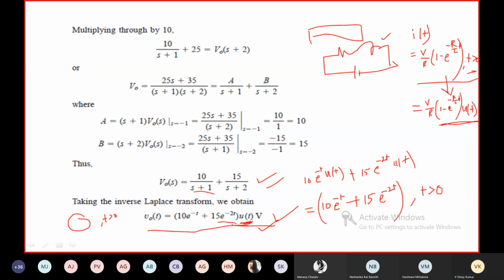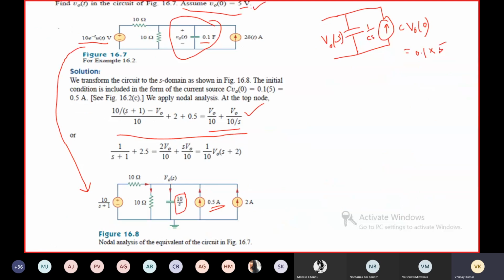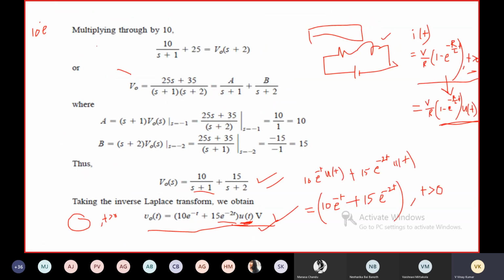See, if the input is given like this, say 10 into e power minus t into u of t, it is difficult to solve using differential equation, finding the particular integral and computing the solution. So instead of using the differential equation approach, you can use the Laplace transform approach, so that you can get the solution easily.